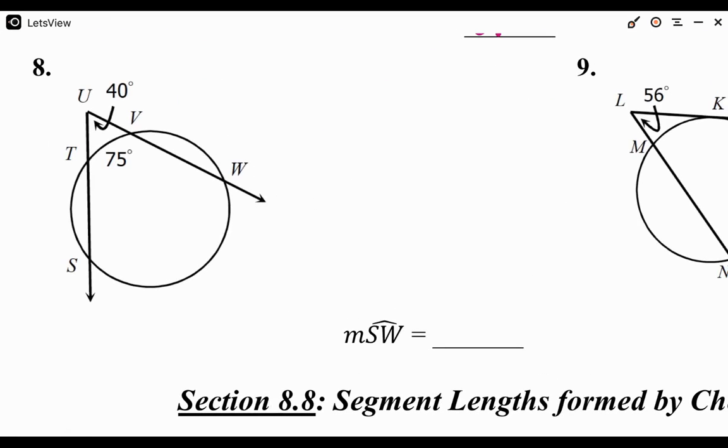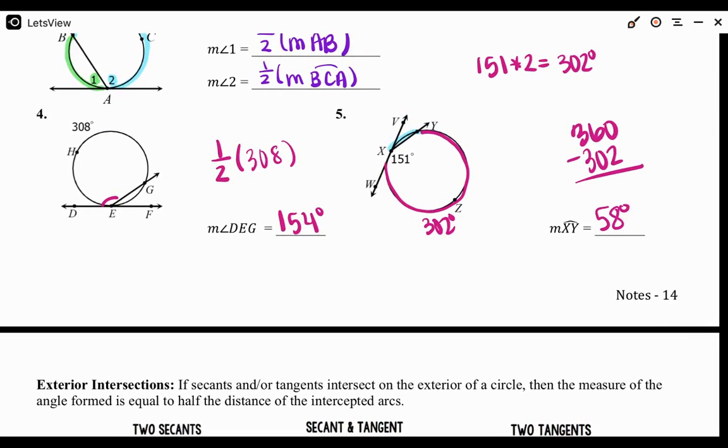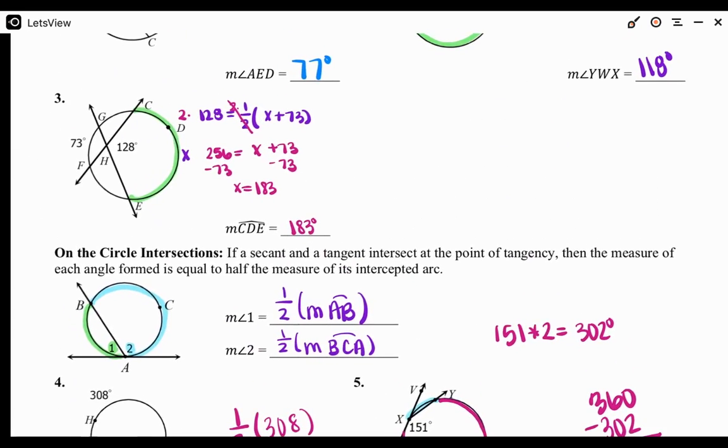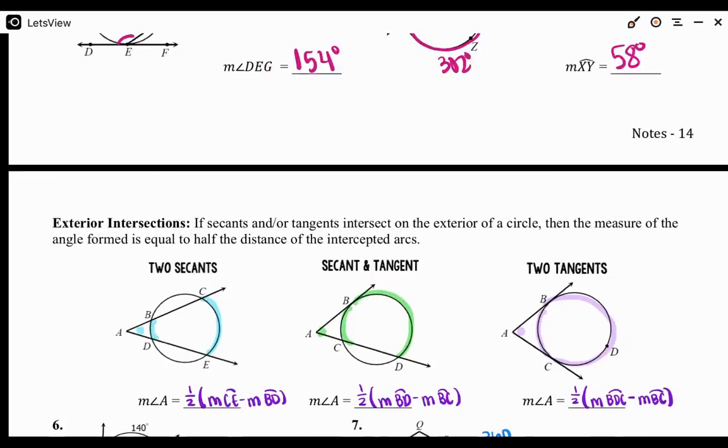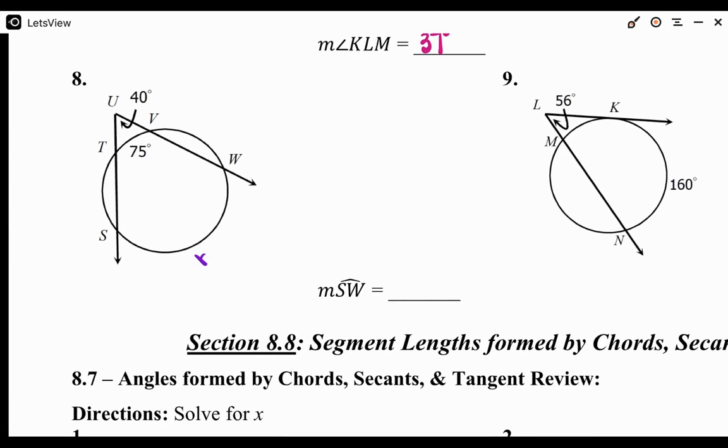Number 8, so we need to find the measure of our arc SW. So we're going to do what we did on problem, like how we did number 3, where we call SW X. So this arc measure, let's just call that X. So we know that 40 degrees is equal to 1/2 of X minus 75.